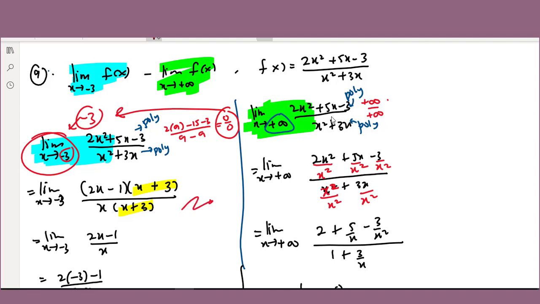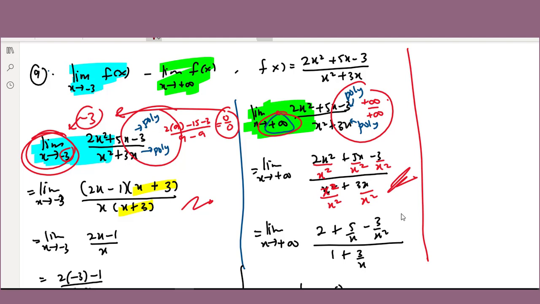For this one, when polynomial over polynomial and x tends to infinity, you need to divide by the highest power of the denominator. So you have to check the difference between these. Both are polynomial over polynomial, but the difference is only whether x approaches a value or infinity.